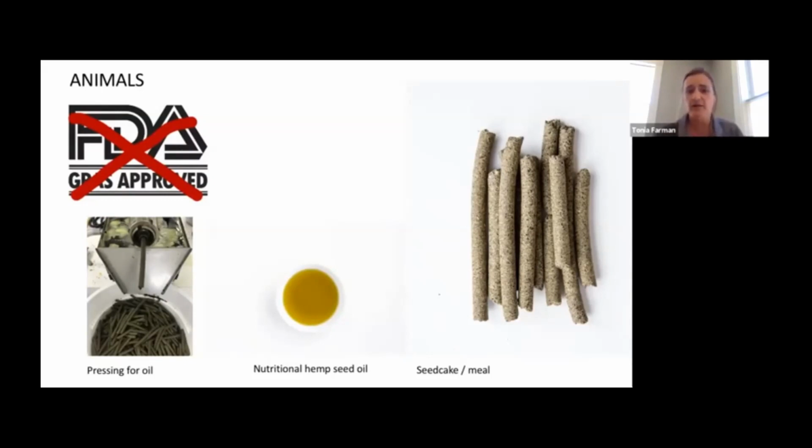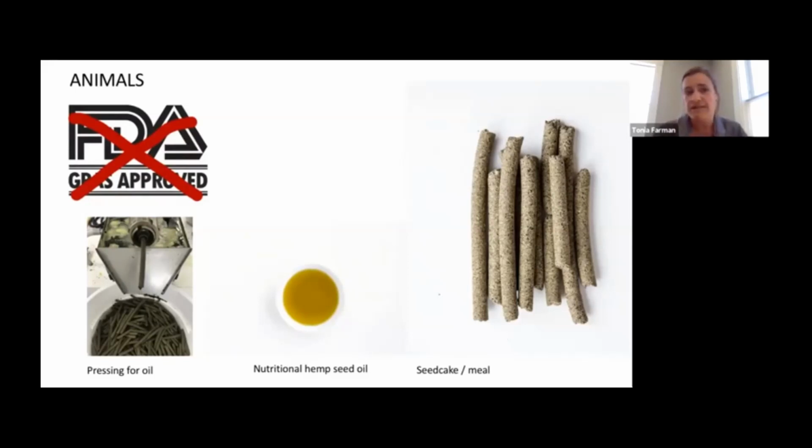And right now we've got markets for the hemp seed oil. Again, they're not GRAS approved on the animal market, but there is so much demand and discussion already in the equine community that these ingredients are so efficacious for their animals that there is a demand for it.